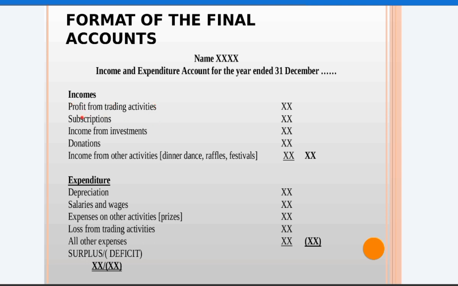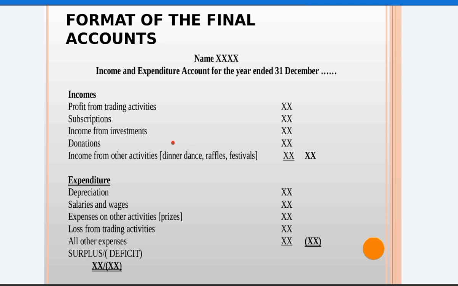The second item under the incomes will be subscriptions. Subscriptions are the monies paid by the members or the persons who have agreed to form that association. So these subscriptions can sometimes be made monthly or even yearly. So any of such subscriptions will be part of the income of the non-profit making organization.